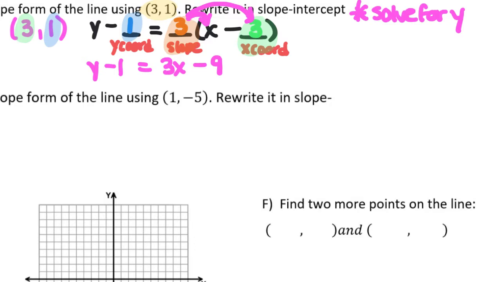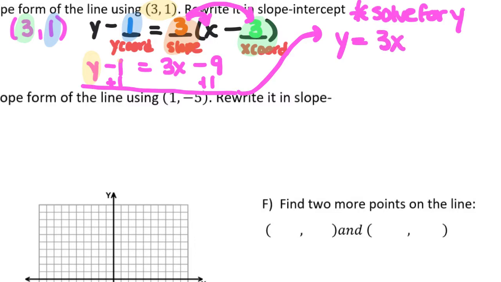And then the last thing I would do to finish getting this y completely by itself is I would have to add 1 to both sides. So if I add 1 and simplify, that's going to give me a value of y equals 3x minus 8 as our equation.